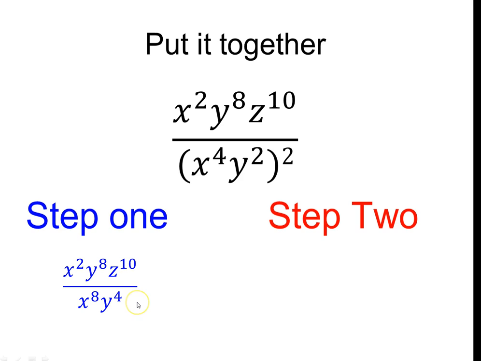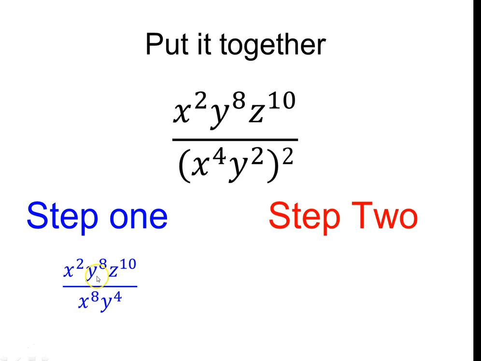All right, now we need to simplify because there's an x squared on top and an x to the 8th on bottom. Instead of subtracting, which I know you can do, I just want you to think for a minute. If I have 2 on the top and 8 on the bottom, and I think in my head, cancel, cancel, what would I cancel?